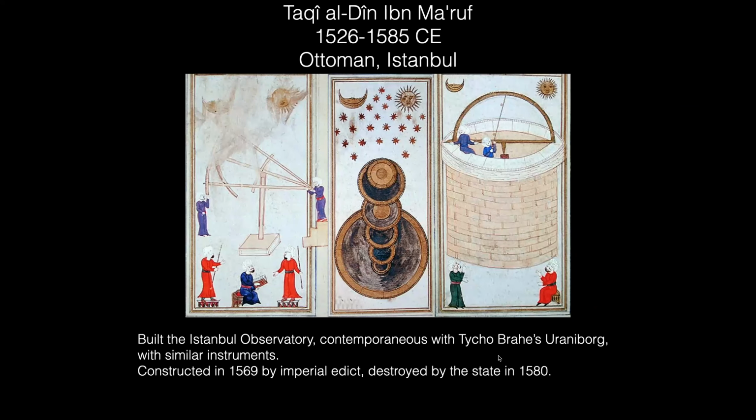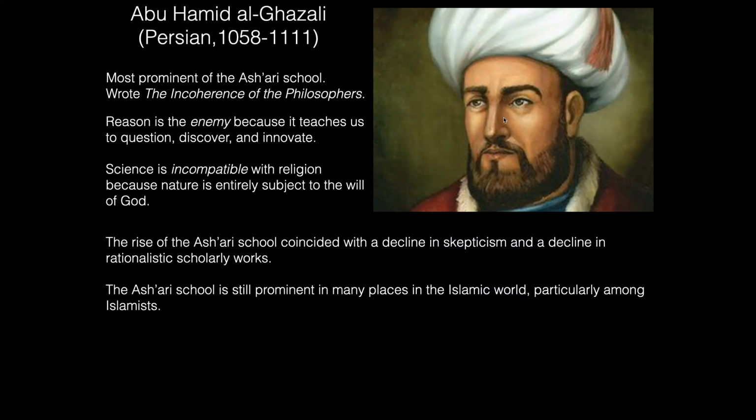There's no need to find out what the laws of nature are because God does what he will with nature. The rise of the school that's associated with al-Ghazali coincides with a decline in skepticism and a decline in rationalistic or scientific scholarly works. It's still prominent in many places in the Islamic world, particularly among Islamists.